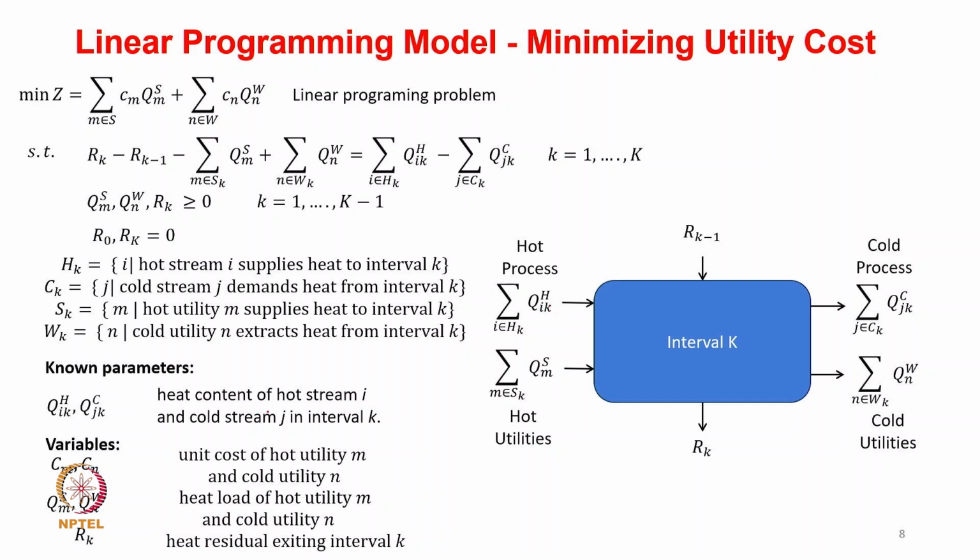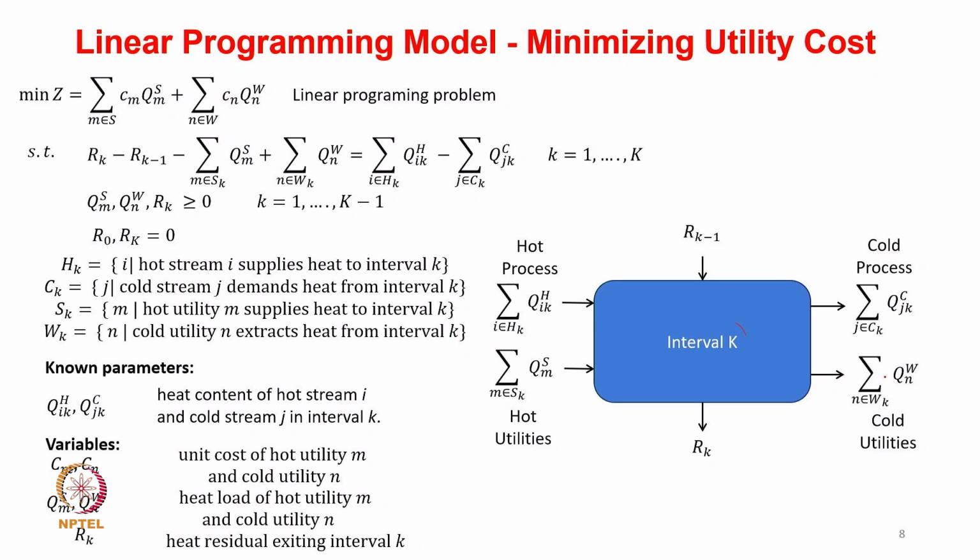QHIK essentially means the heat content of the hot stream I. QSM is the heat load of utility M. Now look at the cold process: QJKC is the heat content of the cold stream J in the interval K. We are speaking specifically about this interval K, so everywhere you see that an index K would be attributed. Similarly, QWN is the heat load of cold utility N.